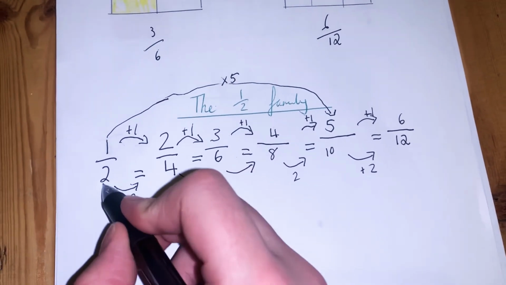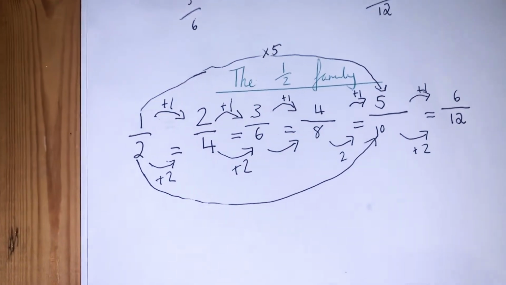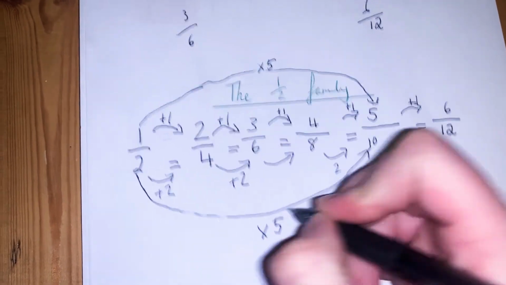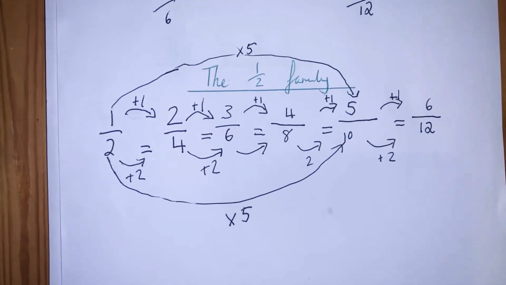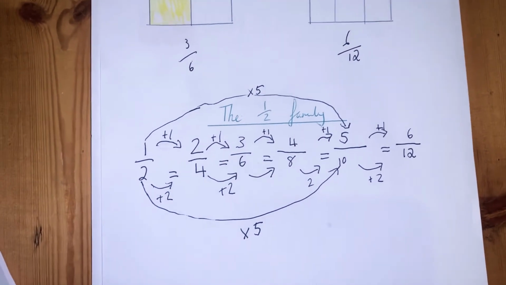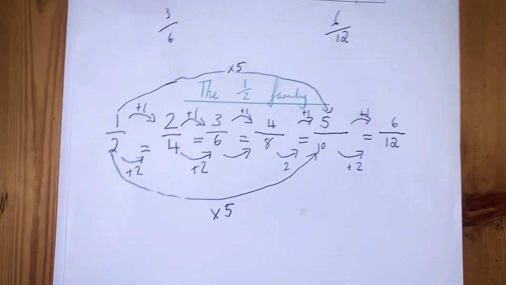And I'm going to do the same to the denominator. I'll have to multiply by the same number. So whatever I do to the top, I do to the bottom. I'll also multiply by 5. See the pattern? So 1 multiplied by 5 gives me 5. 2 multiplied by 5 gives me 10. 5/10 is also an equivalent fraction.